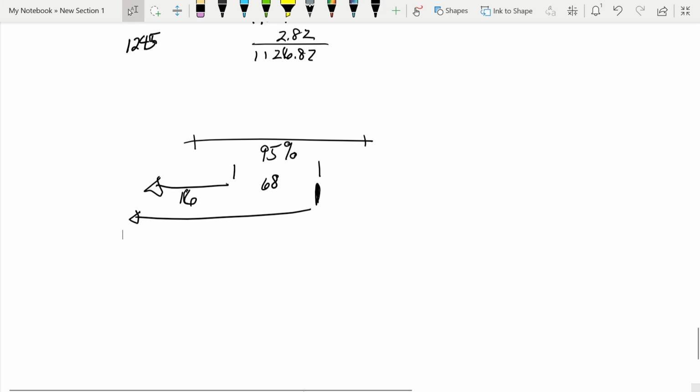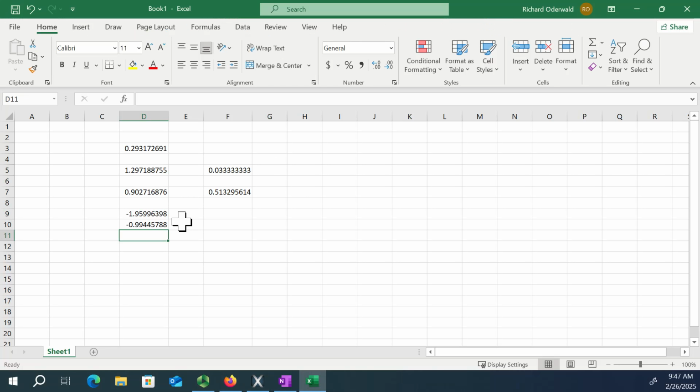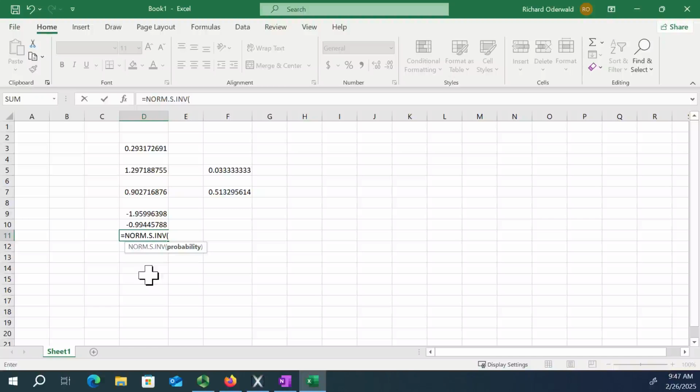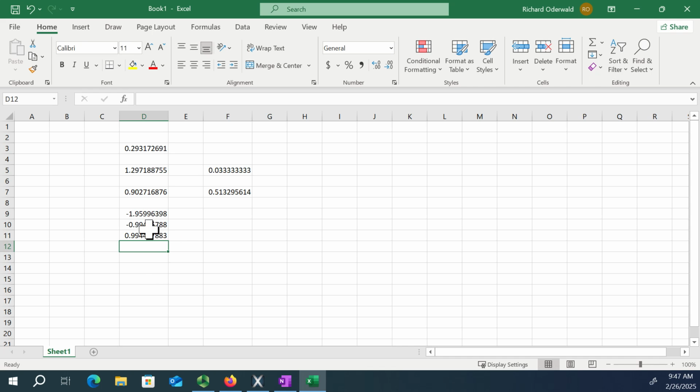So I need 0.84. Norm.s.inv 0.84. I got exactly the same as I did with the 16, except it's not negative.